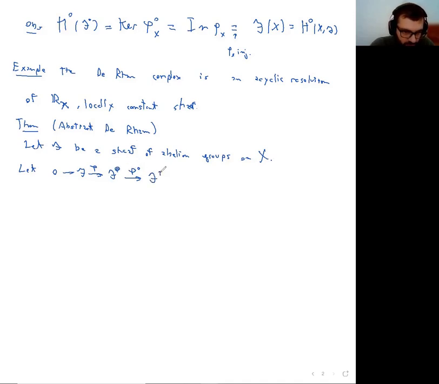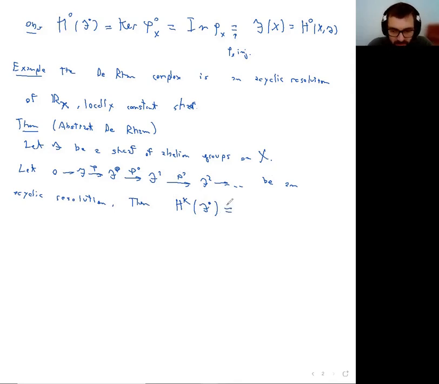Then the kth cohomology of the cohomological complex of global sections is precisely the kth Čech cohomology group of the sheaf F.